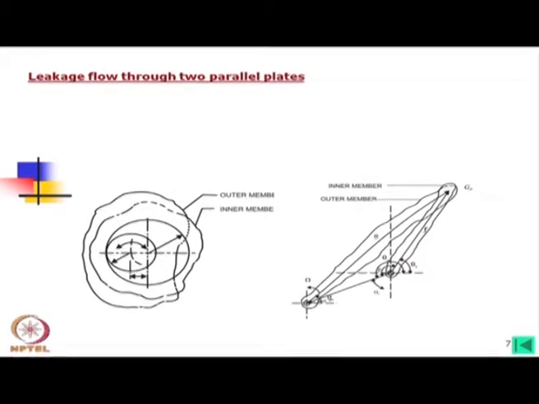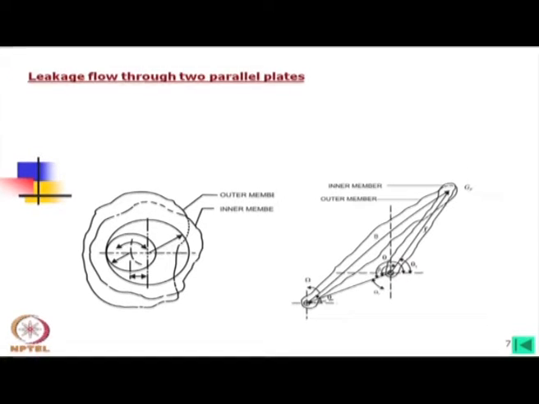Now, in this figure what I have shown, there is one outer member and this is the inner member. Now, one is moving over the other. Not only that, it is not a simple motion, not just rotary motion or sliding motion, rather we can consider that one plate is moving with respect to the other.